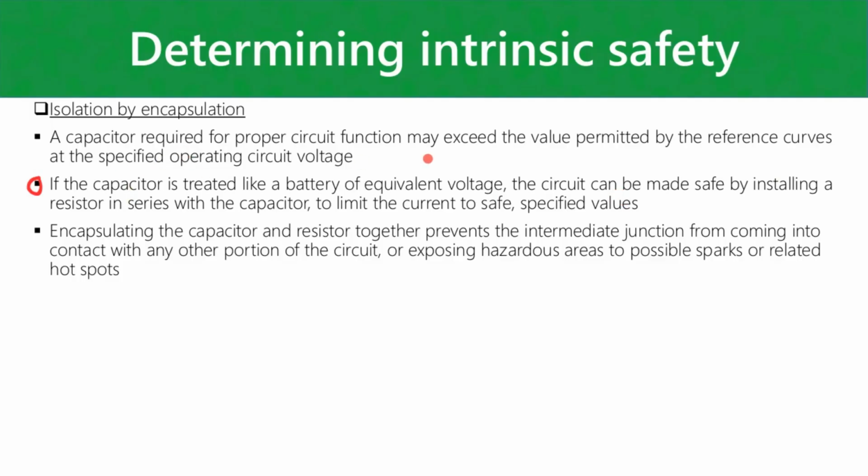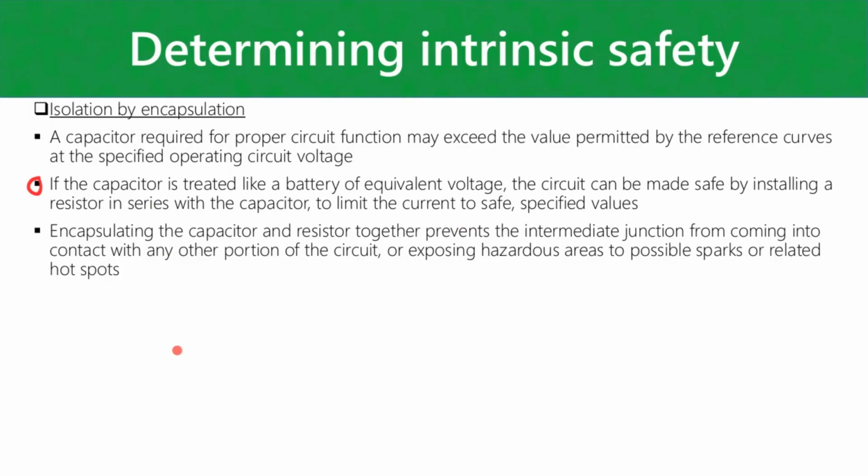So that it doesn't just dump all its charge in one go and cause a current spike and potentially a spark forming, which would then have enough energy to ignite the atmosphere that the circuit is operating in. Essentially the capacitor and resistor are sometimes encapsulated together.